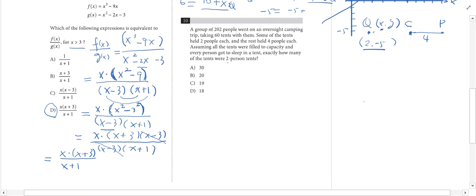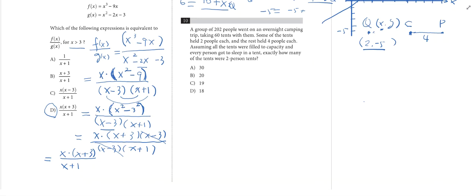So normally we set the number of 2-person tents as the variable.